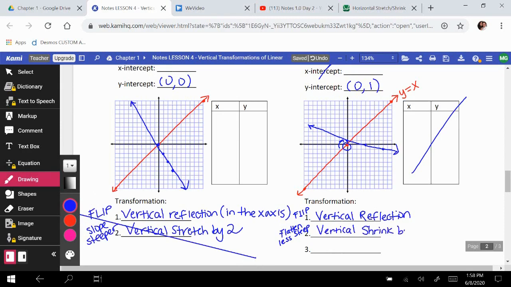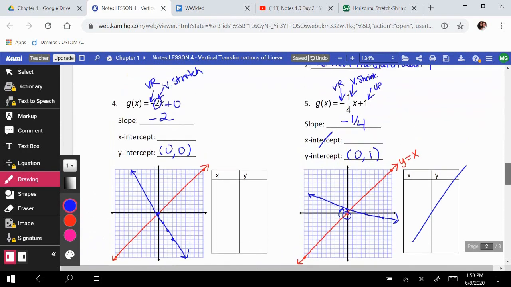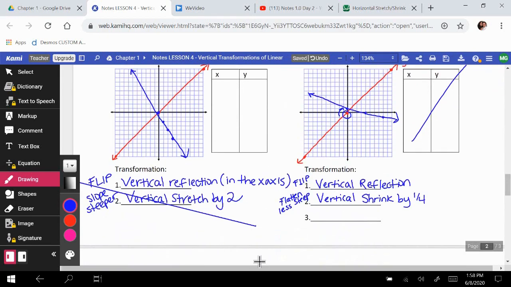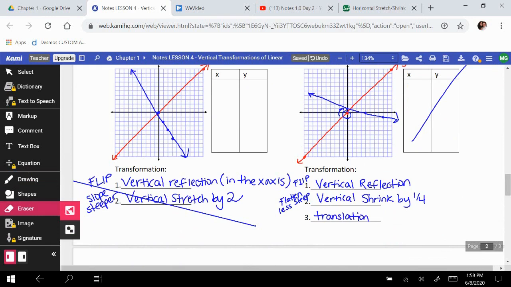And we actually know exactly what it's by, 1/4, because of the equation. And then we can see that it shifted, a vertical translation.